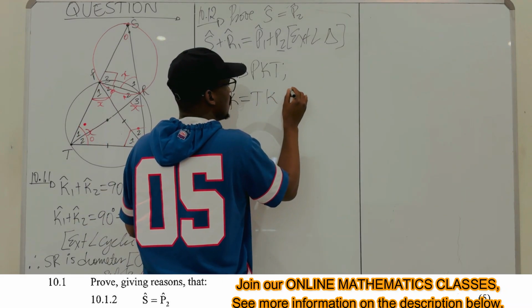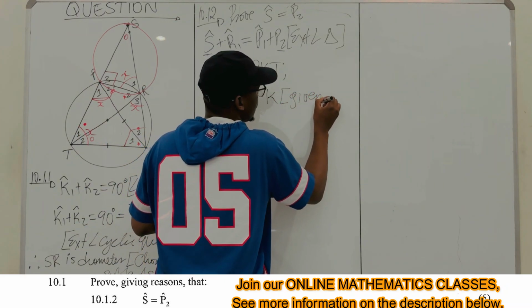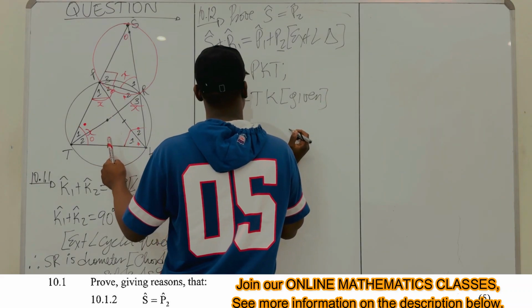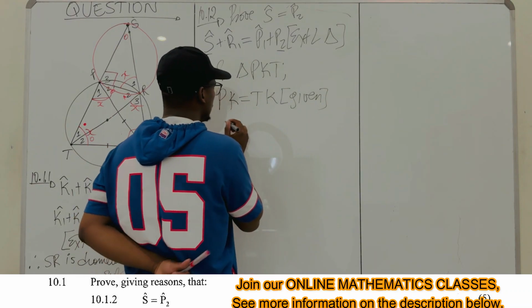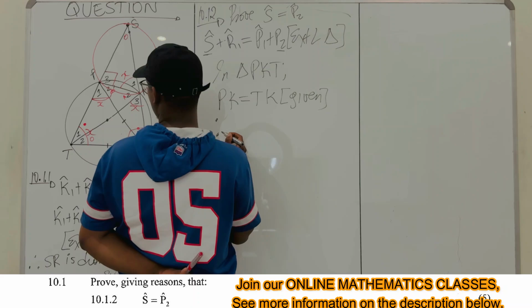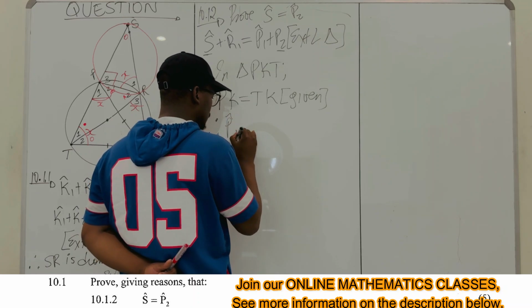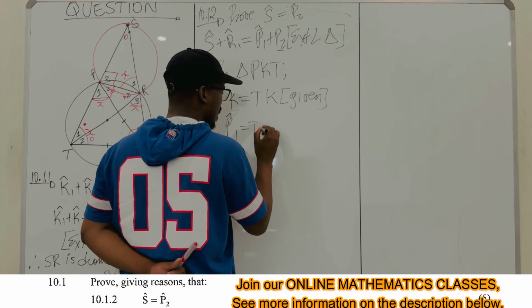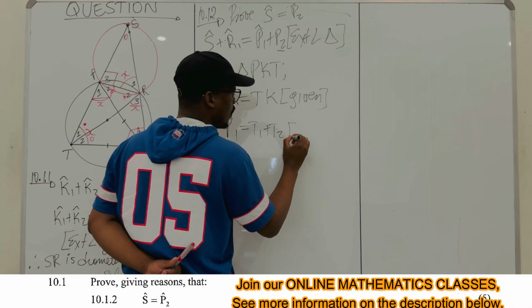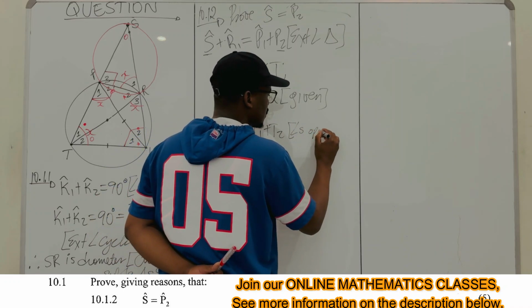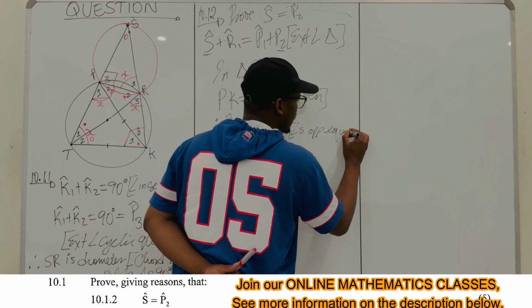Why? Because we were told this; it was given. You can see, no problem, it's in black. Then we're going to say, therefore, angle P1 is equal to angle T1 plus T2. Why? These are angles opposite equal sides of a triangle.